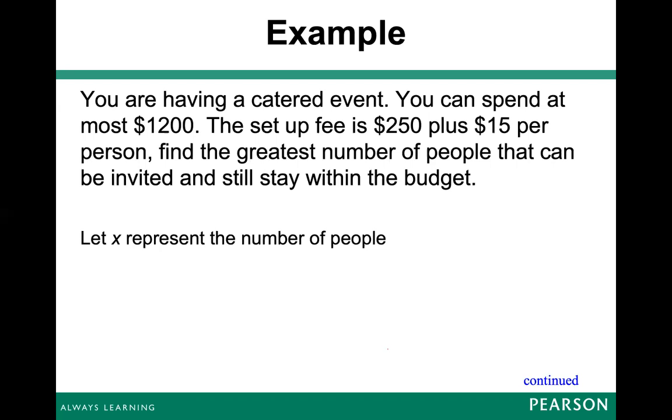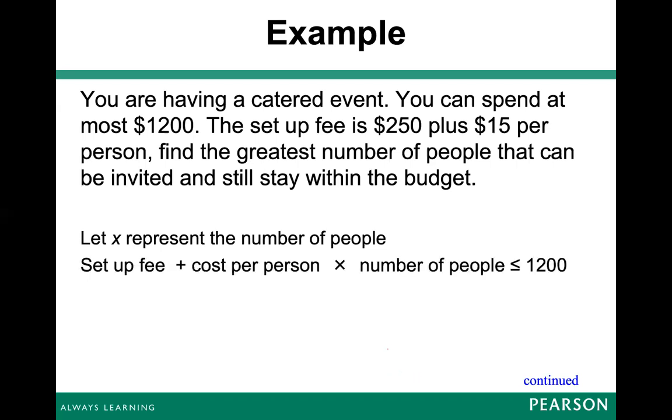Okay, so if X represents the number of people, we do the setup fee, which is $250, even if nobody shows up, and then add the cost per person times the number of people. And that has to add up to be less than or equal to 1,200. Remember, at most means less than or equal.